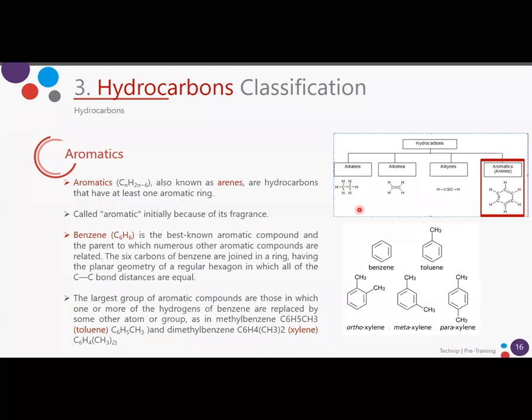What we can find in the crude oil are mainly alkanes and aromatics. Due to the chemical reactivity, alkenes and alkynes are not found in the crude oil, but we will find them in some of the processes in the refinery.